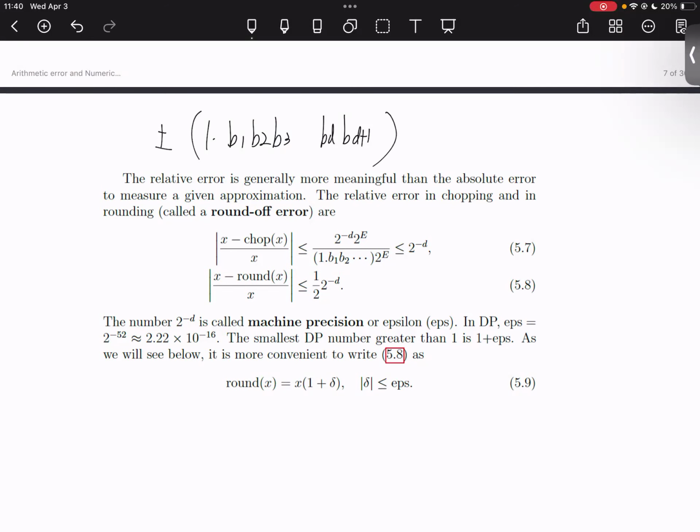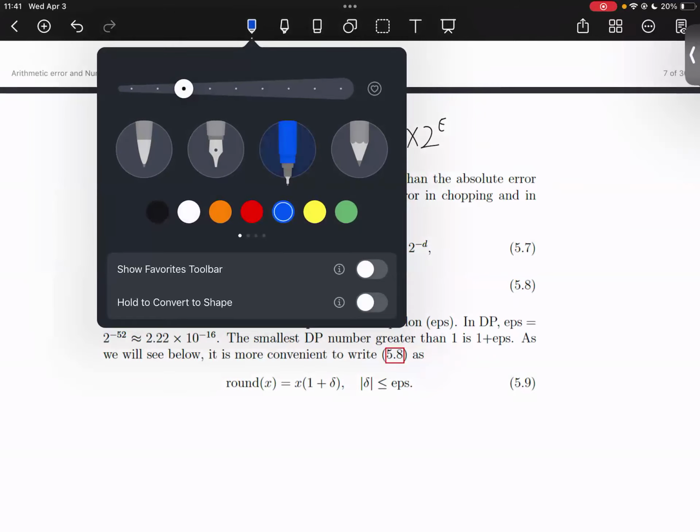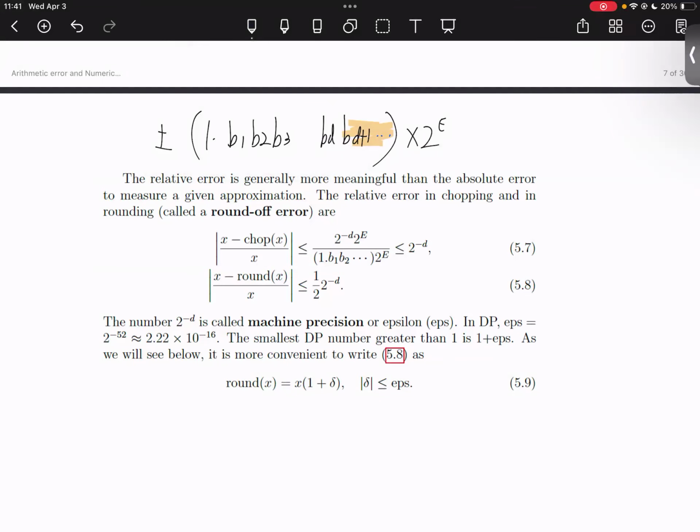There's a sign here, negative or positive, and times 2 to the e. So if you are doing the chopping, it means that we are chopping off the d plus 1 bit and the things after it, right? And so the error should be smaller than this number, 2 to the negative d, times the exponent here, because we are chopping off all the things below up to the d bits. And so the error should be smaller than this one. Any question here?